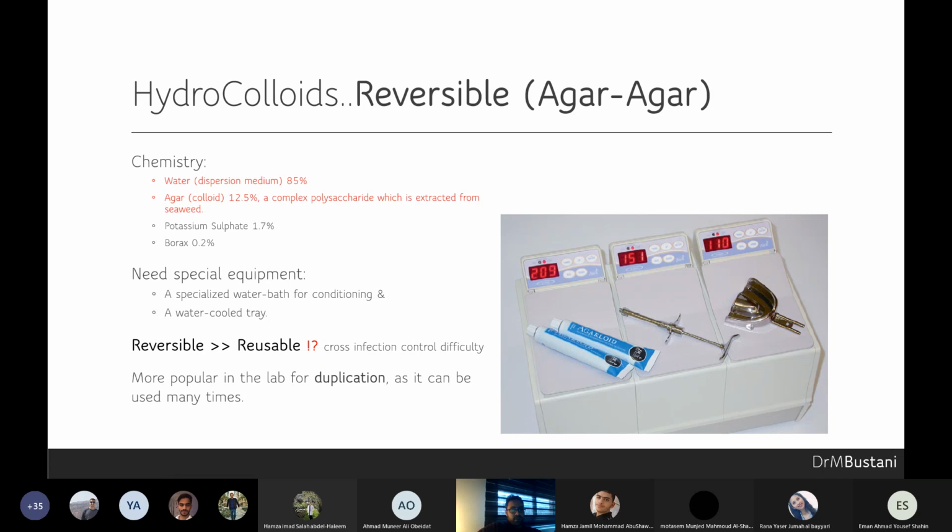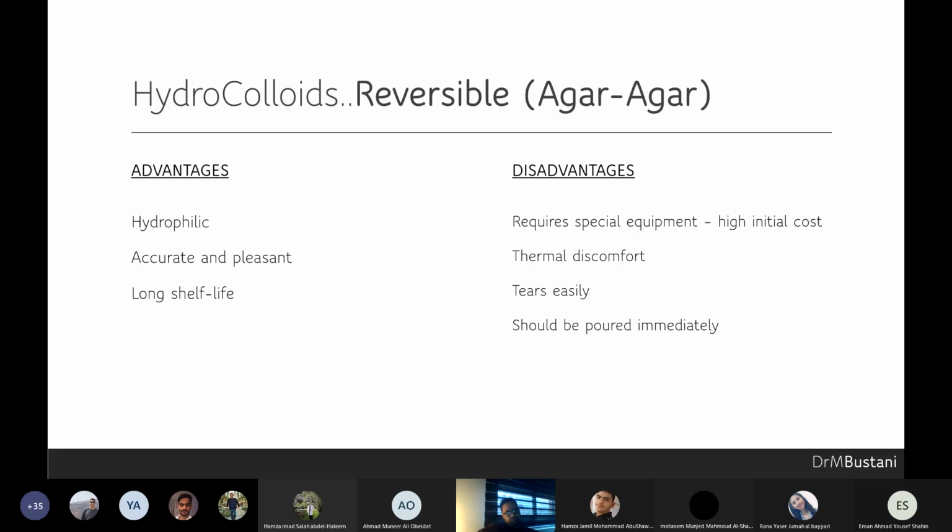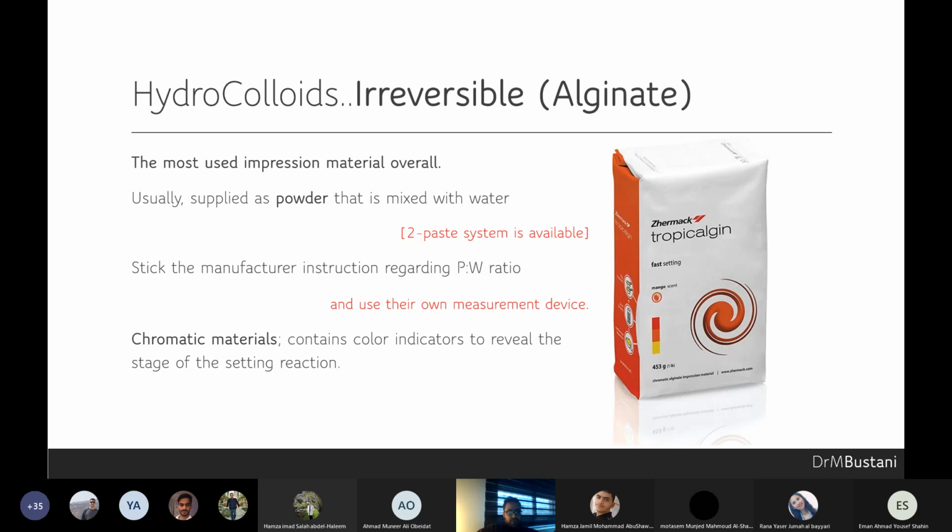The fact that it's reversible doesn't mean that it's reusable in the patient's mouth because of cross-infection and contamination problems. So it's mainly used in labs nowadays. Plus, it has a high cost, because it needs special equipment and a water-cooled tray. Alginate is the material that you use the most in your clinics. It's supplied as a powder.